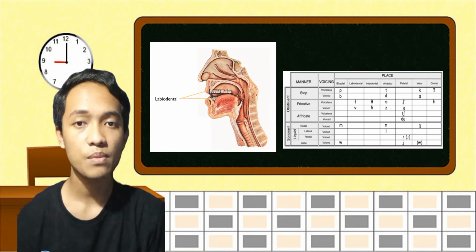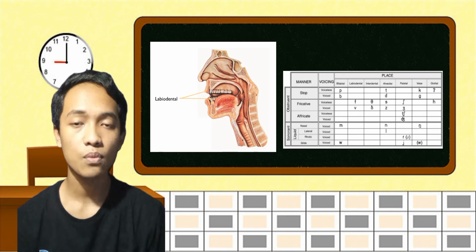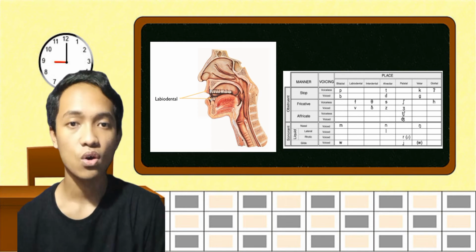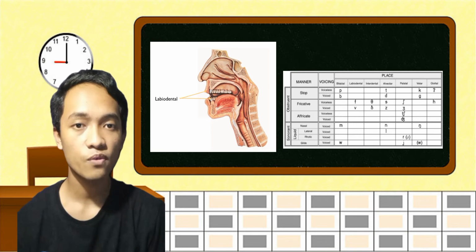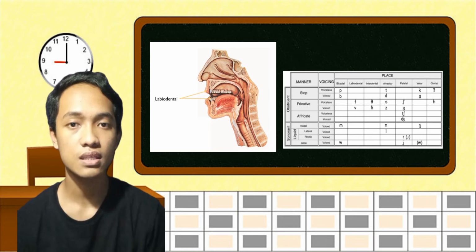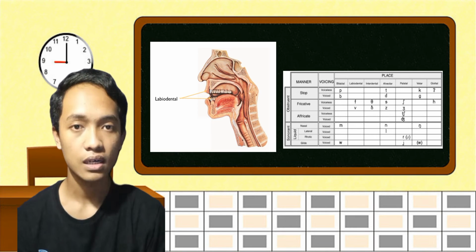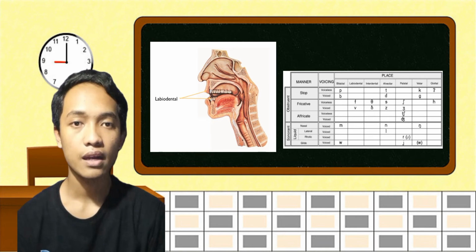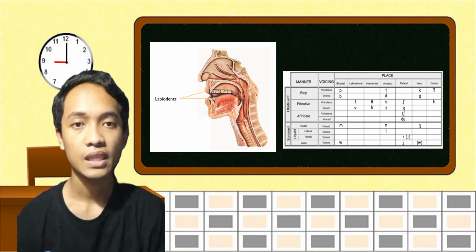And the second is labiodental. Labiodental sounds involve the lower lip, or labial, and upper teeth, or dental, coming into contact with each other to form an effective constriction in the vocal tract. Examples of labiodental sounds in English are f and v, f like father, and v like value, very.